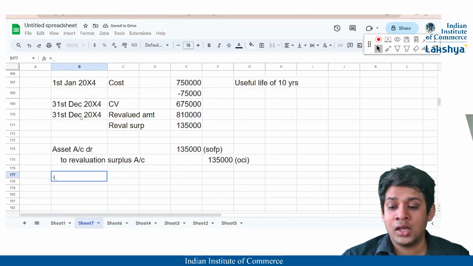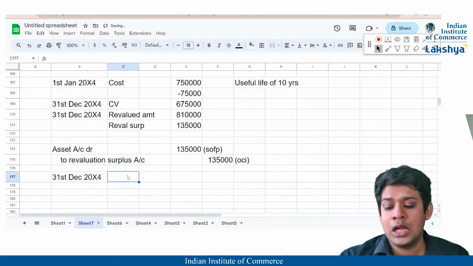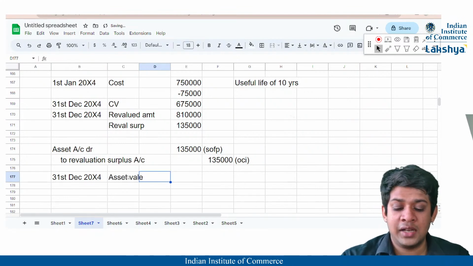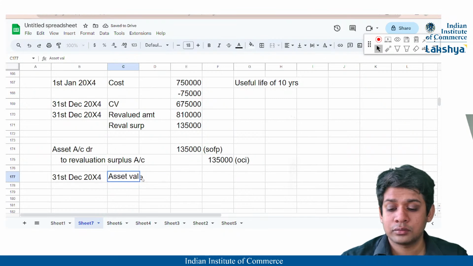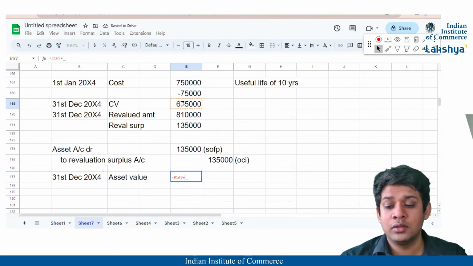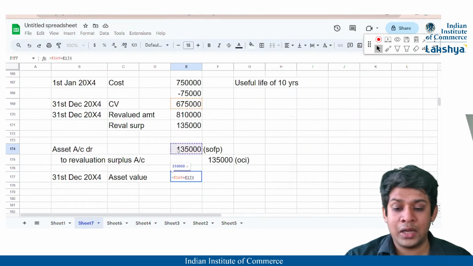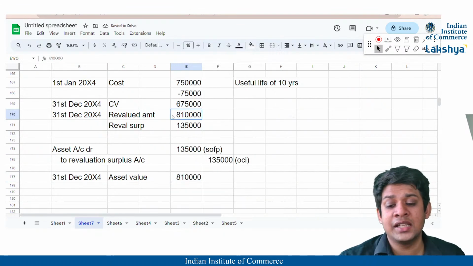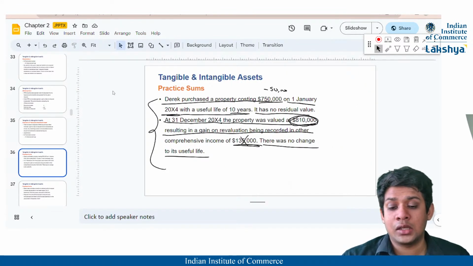So at 31st December 2014, now the asset has a new value after its revaluation. It was 6,75,000 plus we added 1,35,000 after the revaluation. So the new asset value is 8,10,000.